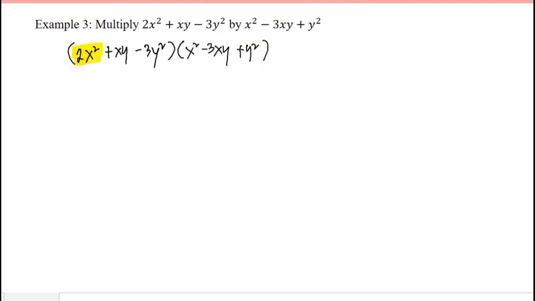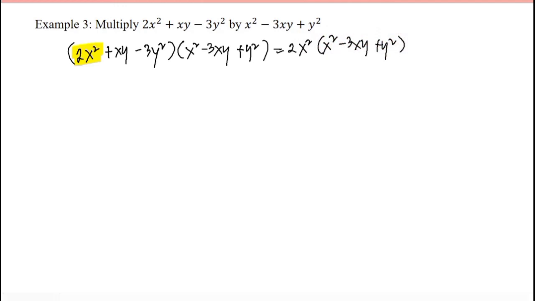So, for this first term here, we have 2x squared times x squared minus 3xy plus y squared.